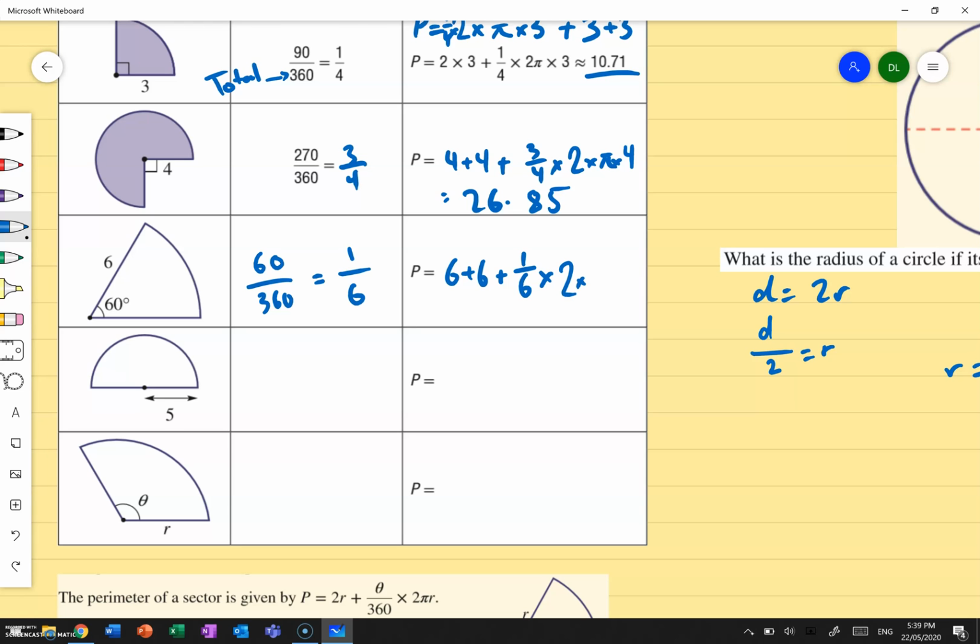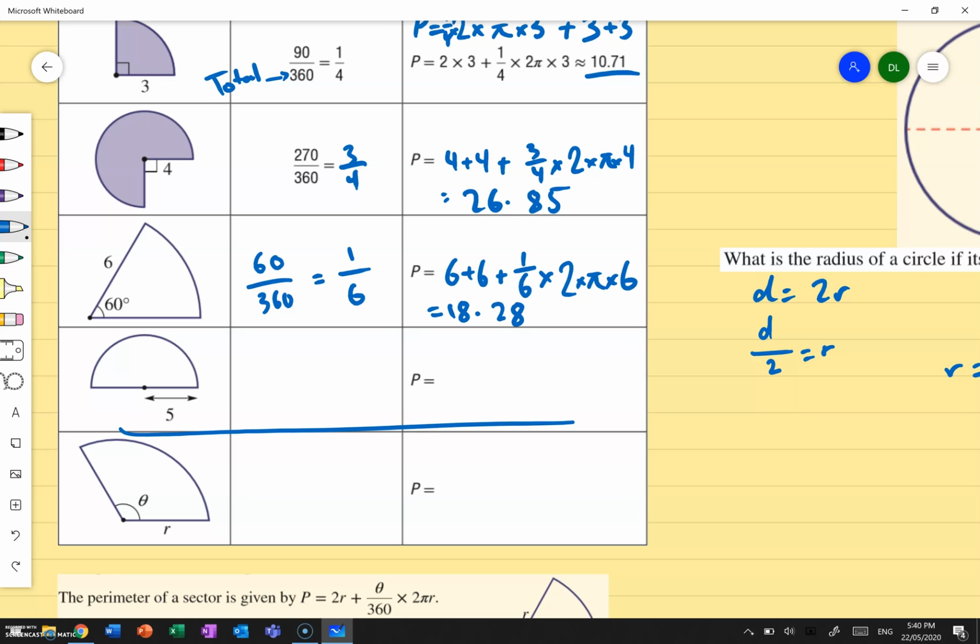So 2 times pi times r, my r is 6, remember this line over here is 6, so I get that. And if you put that in the calculator, 12 plus 1 over 3, 2 times pi, that gives me 18.28, alright?